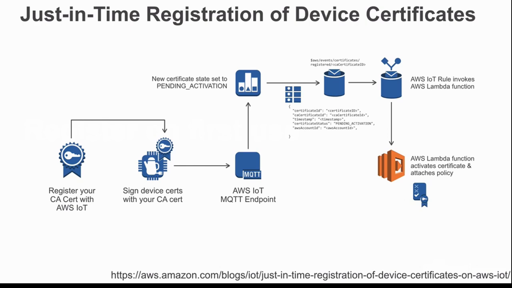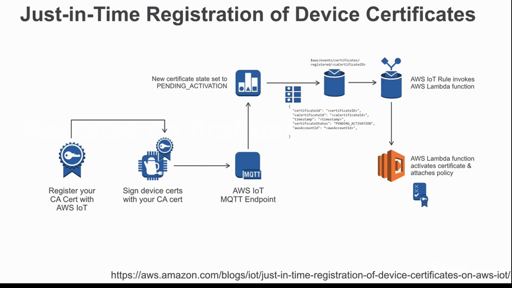At this point, AWS IoT publishes a message to the MQTT topic that you can see at the top there, $AWS/event/certificate/registered/CA certificate ID. You can subscribe a rule to that topic, and you can invoke an AWS Lambda function when a message is received on that topic, and you can also see the message format on this slide.